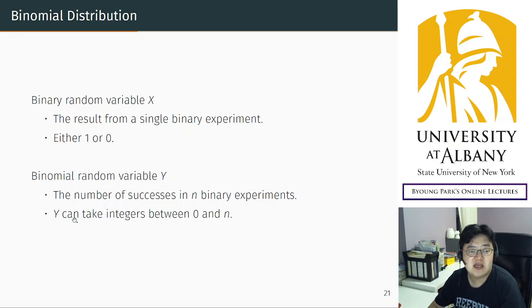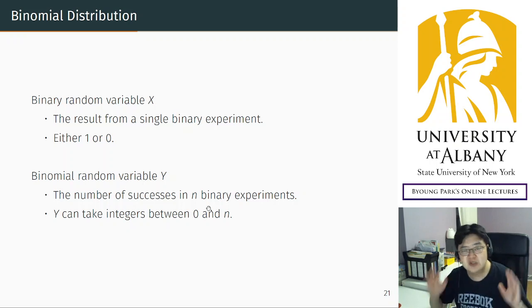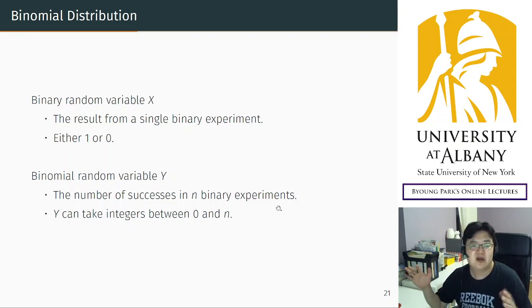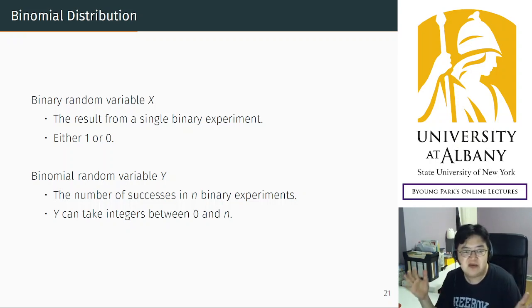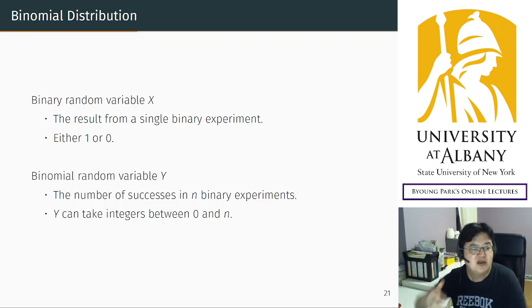And y can take any integer between 0 and n. So 0 means there is no success from n experiments. And when y equals n, that means you succeeded in every experiment. So it cannot be smaller than 0, obviously, and cannot be greater than n, obviously.